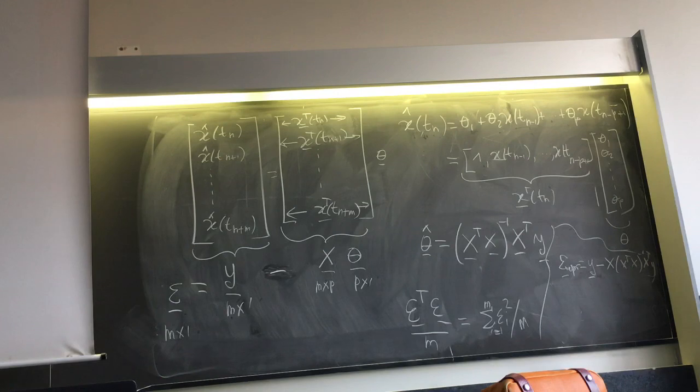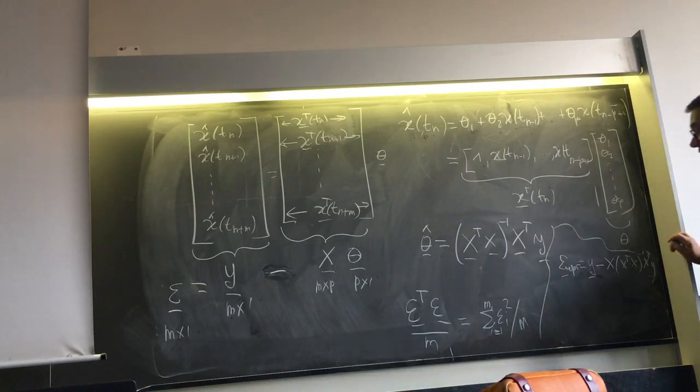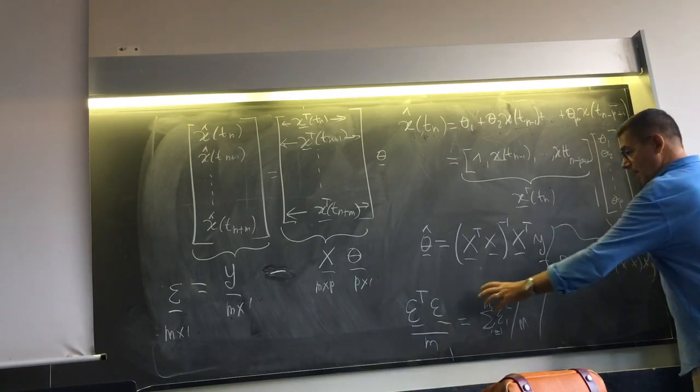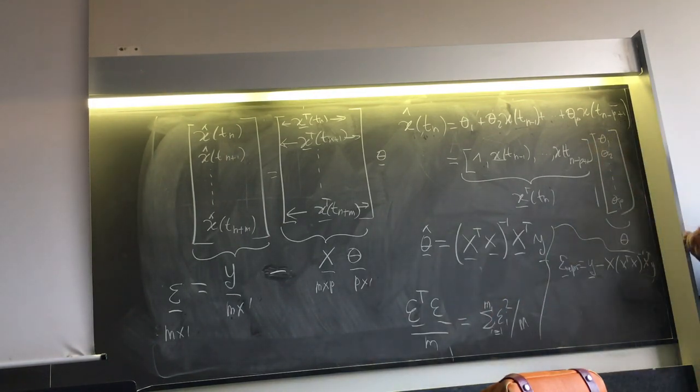Okay? So, if I want to get the optimum mean square, I need to take this one multiplied by epsilon transpose epsilon. Then I get the value of the error, or the mean square error, at the optimum combination of the coefficients theta.